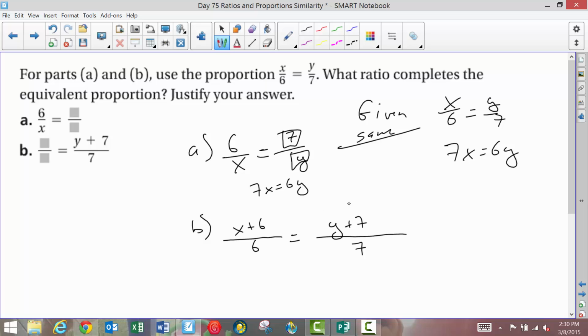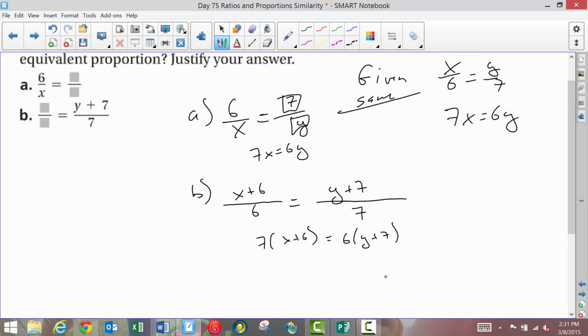Well, some of you might not understand, how are these two equivalent? Okay, well, let's do the cross product. I have 7 times x plus 6 equals 6 times y plus 7. How are these two going to end up to 7x, 6y? Well, distribute: 7x plus 42 equals 6y plus 42.